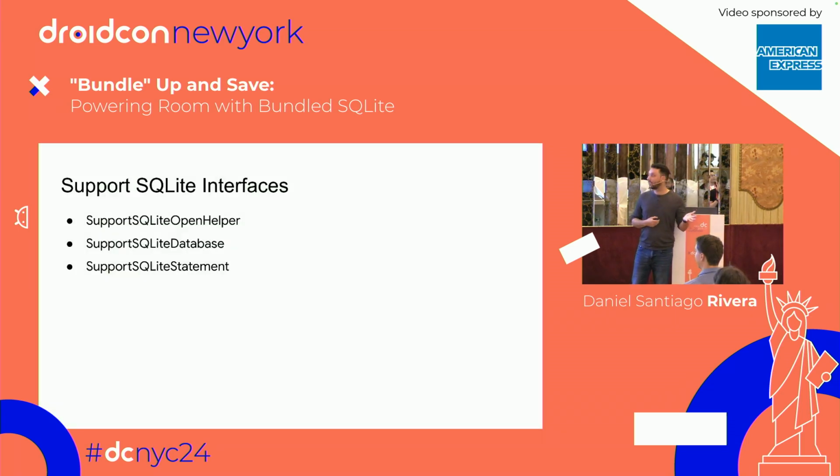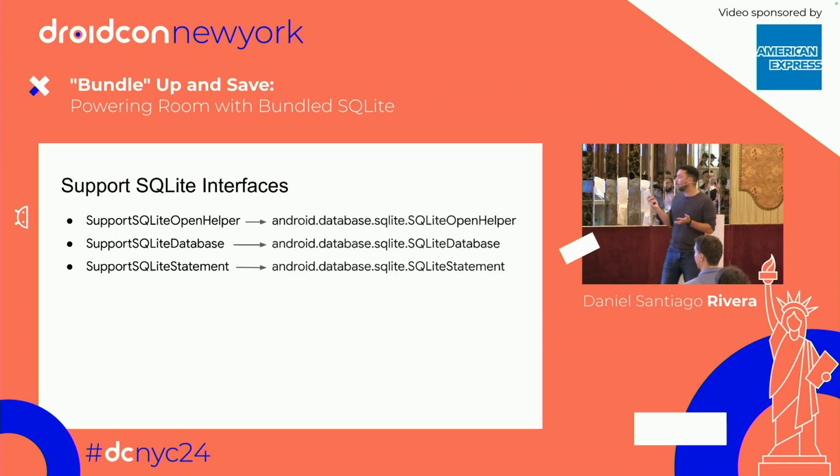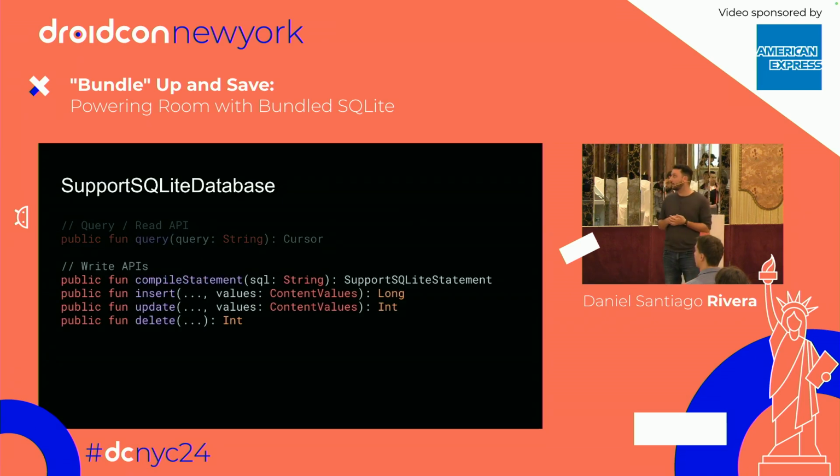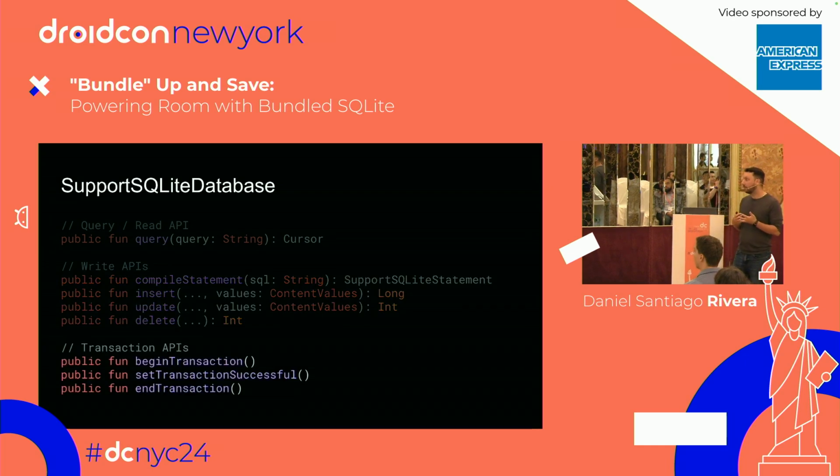So what exactly are those interfaces that Android X SQLite has? Well, we call these the support SQLite interfaces, and to put it simply, they're just mirrors of what the Android APIs are. If we look at the actual APIs, you have APIs to read from the database, you have APIs to write to it, and then you have some transaction APIs, which are in their own category because SQLite does it differently.